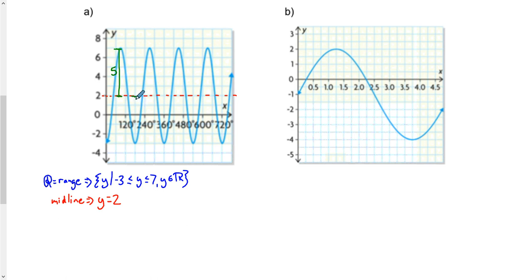At the same time, if we go from our midline down to our lowest value, we have 1, 2, 3, 4, 5. So our amplitude, we usually notate with an A, and that's going to come into effect in our section 3. The amplitude is 5.